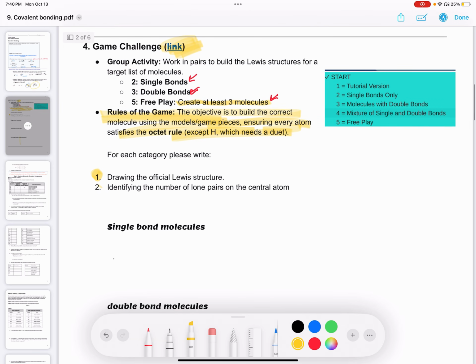And then you're going to tell me how many lone pairs is in the central atom. And the one thing that I need to mention to you is that the central atom is going to be the one that can make the most number of connections.